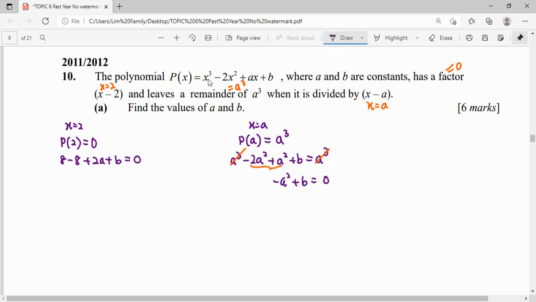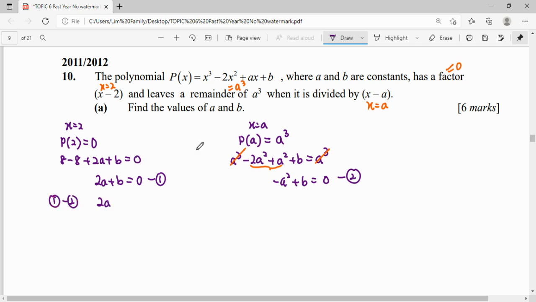For the first piece of information, I have to simplify it in order to start our simultaneous equations. So this is equation 1, and this is equation 2. I can see here I have a similar b, so we can use the elimination method, where I take equation 1 minus equation 2.